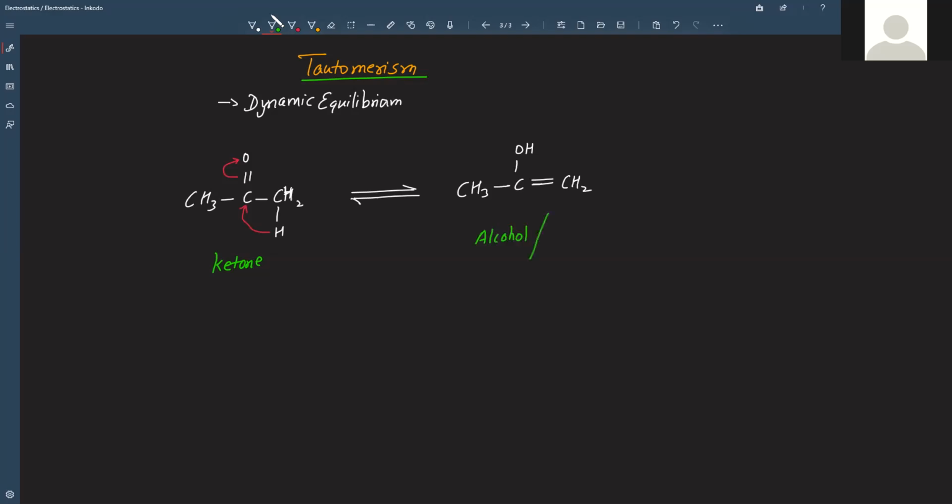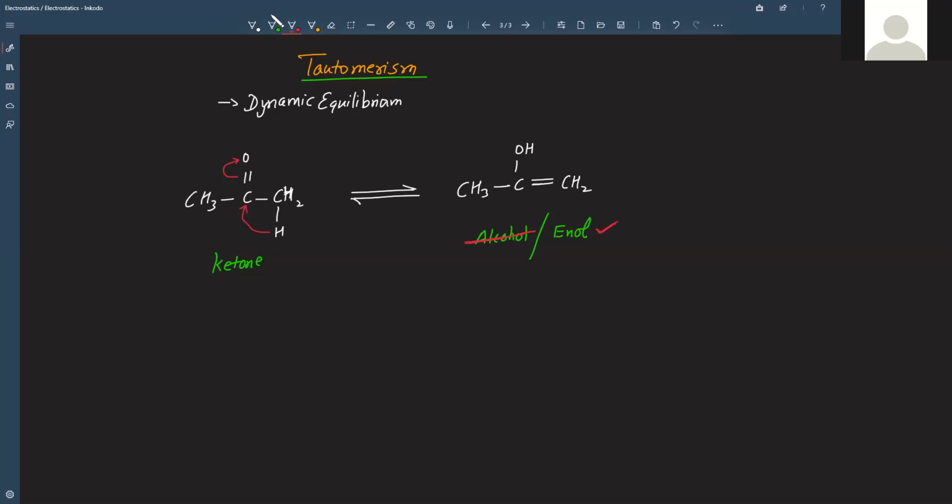Is it alcohol or is it enol? Yes, enol. The OH group is connected to a carbon which has a double bond. This we have seen in the beginning. Such groups are not called alcohol, they are called enol. So what we see here is the ketone changes to enol form.